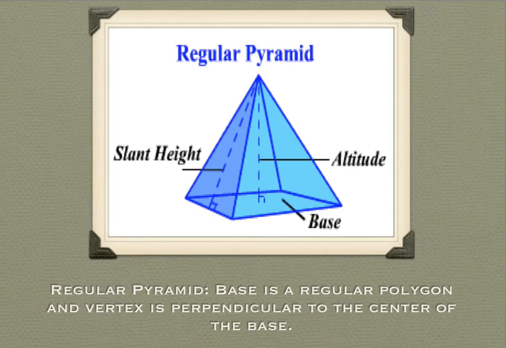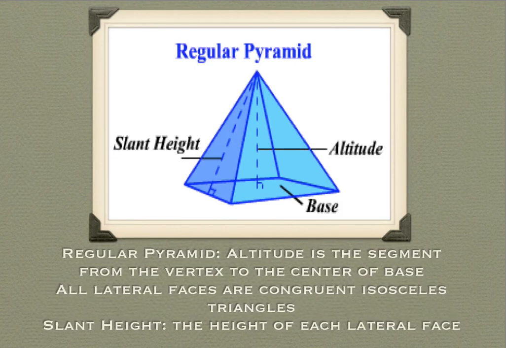To find the area of the regular pyramid, we need to define a little bit more exactly what a regular pyramid is. Its base is a regular polygon, and it can be various polygons, and the vertex is going to be perpendicular to the center of the base. It has some special properties.